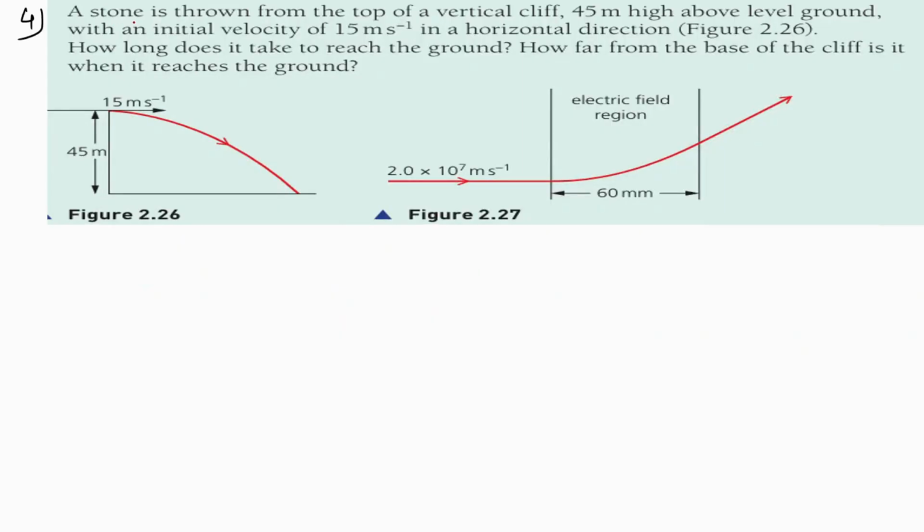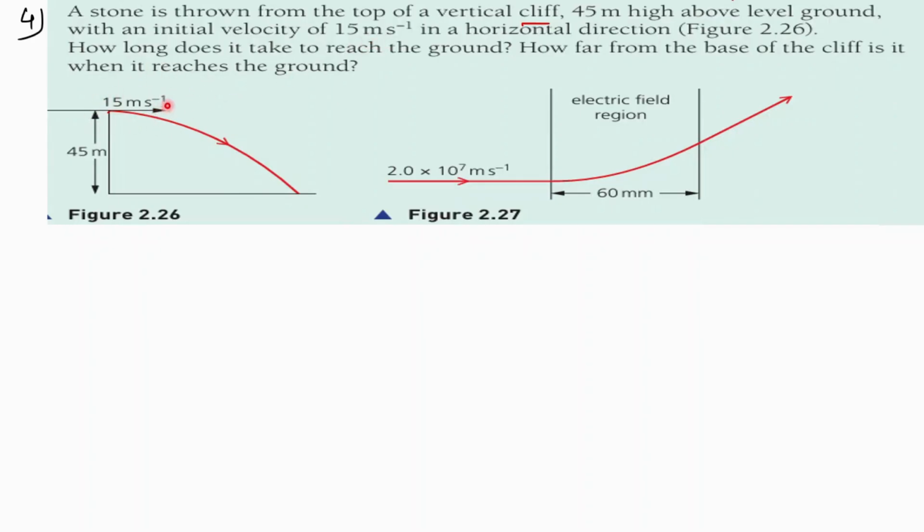In question number 4, a stone is thrown from the top of a vertical cliff. Here, in figure 2.26, you can see the vertical cliff of 45 meters. The person or object is 45 meters above ground level, with an initial velocity of 15 meters per second.